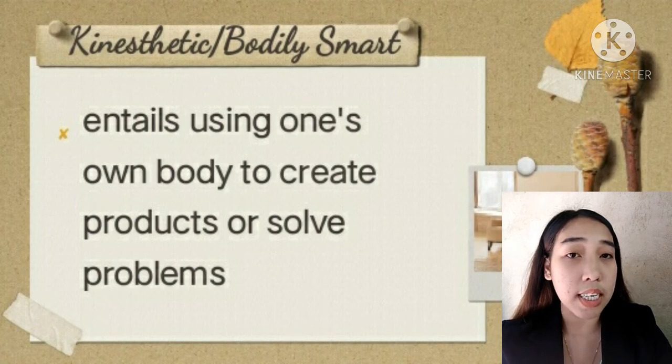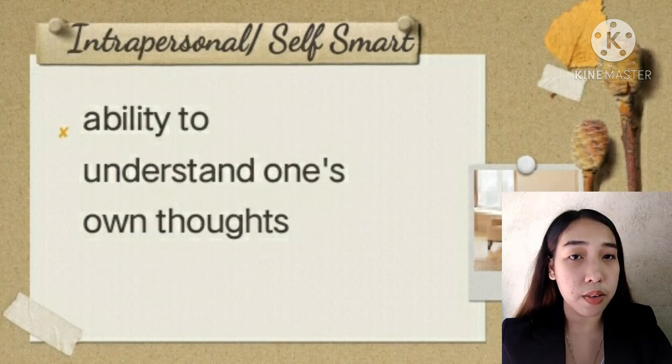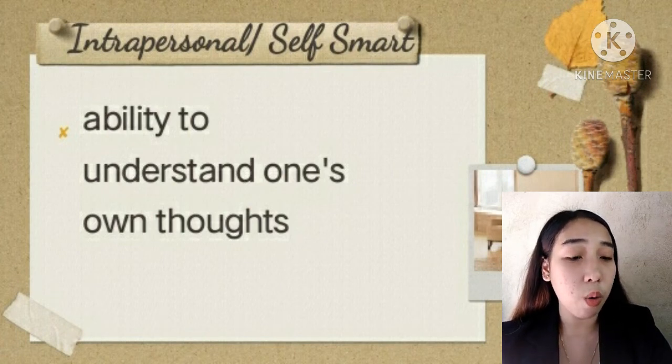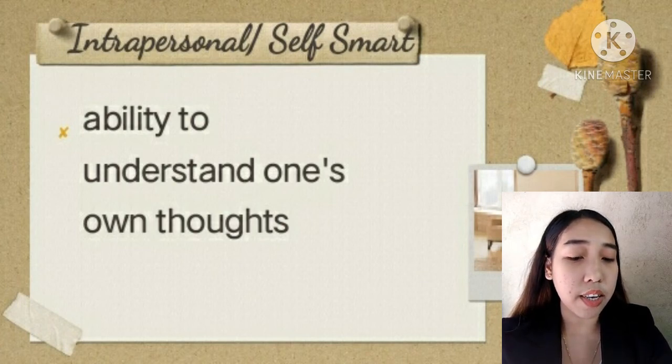The sixth one is the intrapersonal, also known as self smart. These individuals are shy and introverted, and they have the ability to understand one's own thoughts. They are aware of their own feelings and are usually self-motivated to use their understanding to direct the course of their own lives.